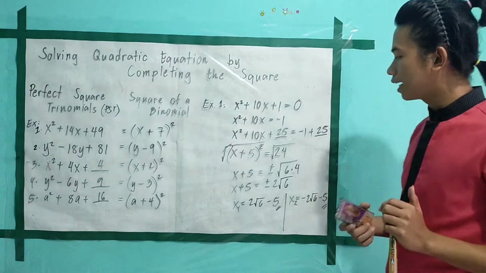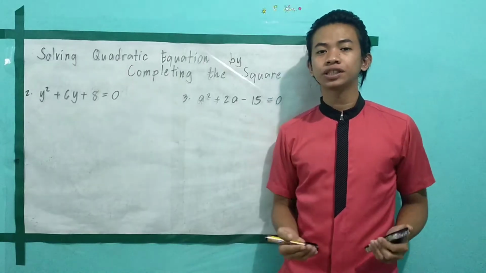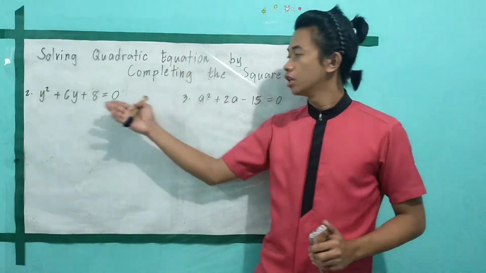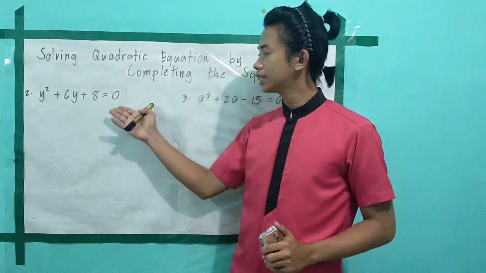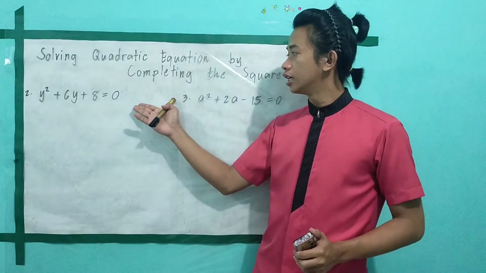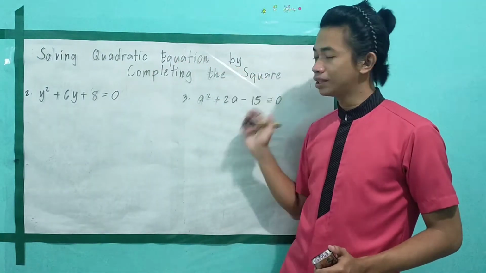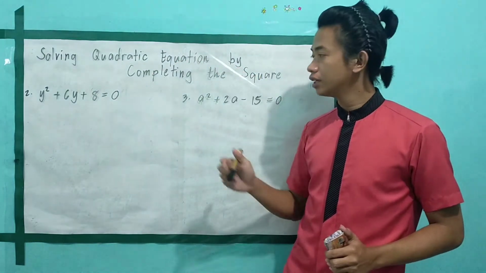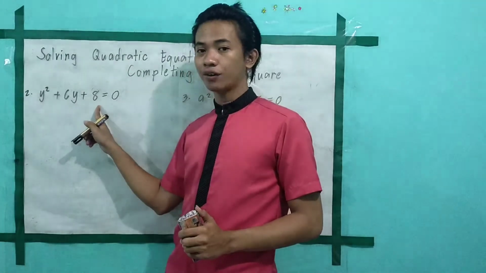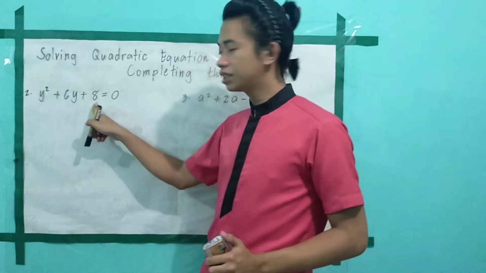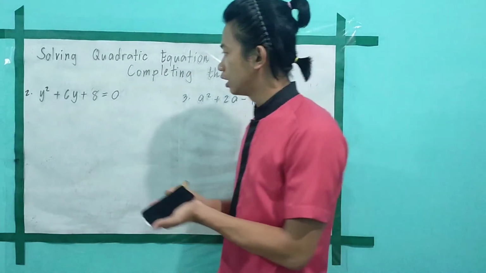Okay, next problem tayo. Now, let's proceed to problem number 2. We have y squared plus 6y plus 8 is equal to 0. In solving quadratic equation by completing the square, the first step is isolate the constant. Our constant here is positive 8.